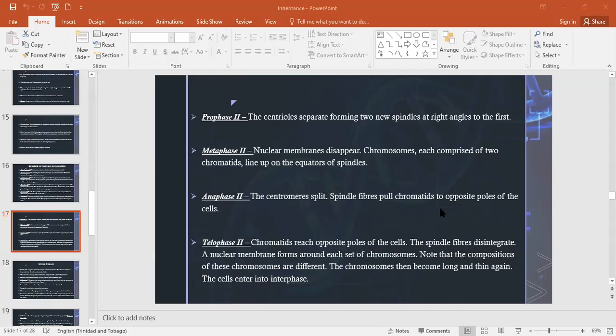And the composition of your chromosomes would be half. And you will get, in total, 4 genetically different daughter cells. All right, so this is prophase 2, metaphase 2, anaphase 2, and telophase 2. So these are the final stages of cell division in meiosis.